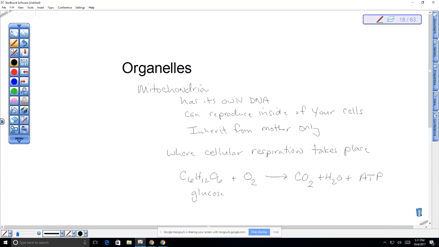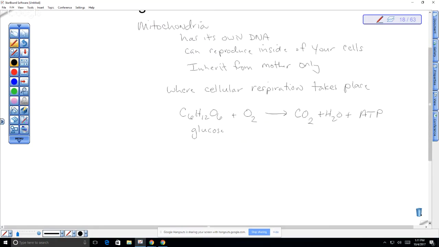Okay, so because the mitochondria has its own DNA, it's actually thought to have once been a separate organism. And there is a term for the idea of how it came inside.